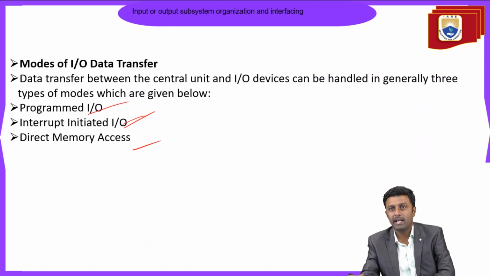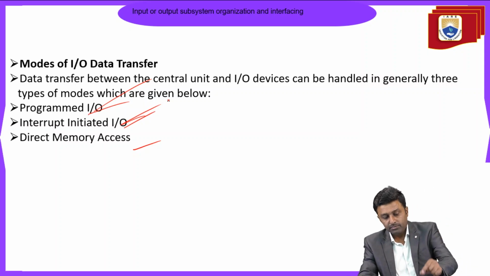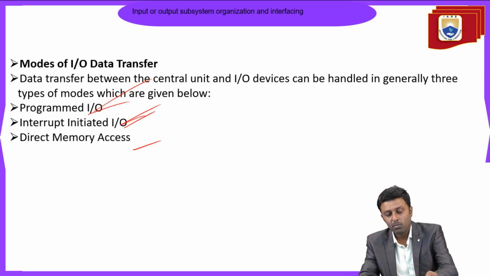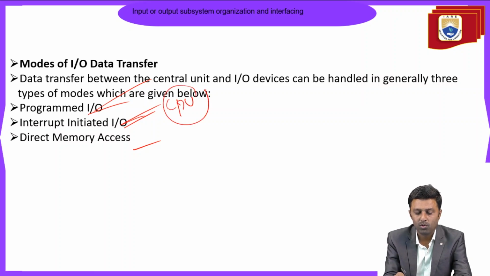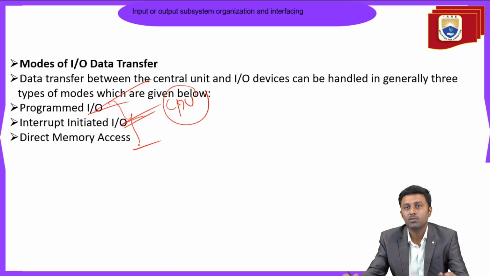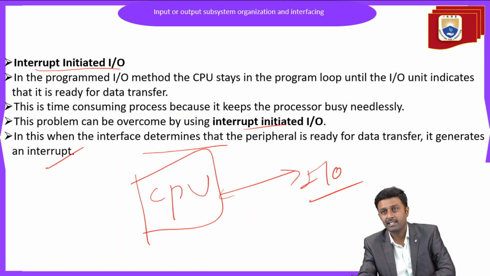So we have seen two types of data transfer, programmed IO and interrupt initiated IO. In both techniques there is an intervention of the CPU. To overcome the disadvantages of the first two techniques, we use a third technique called direct memory access.